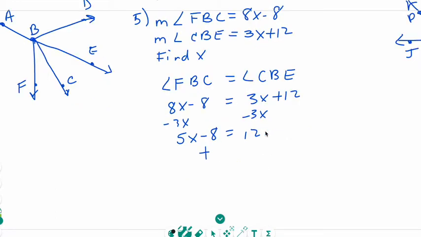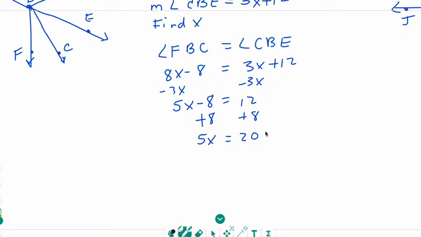Zero pair the 8. 5x is equal to 20. Divide by 5, divide by 5. X is equal to 4, and that's what we were looking for. Now also remember that you can go back and put the 4 into 8x minus 8 and find out what the degree of FBC is.